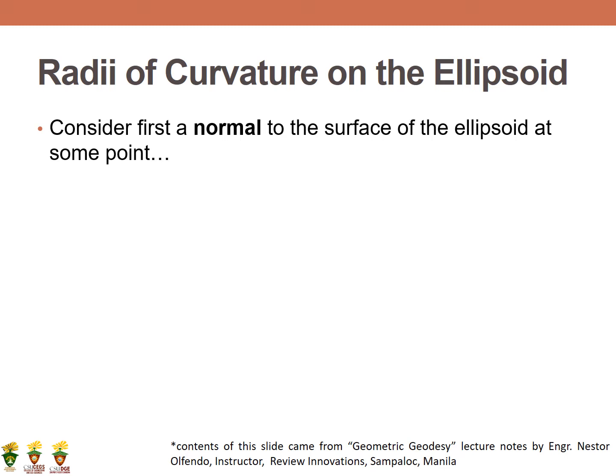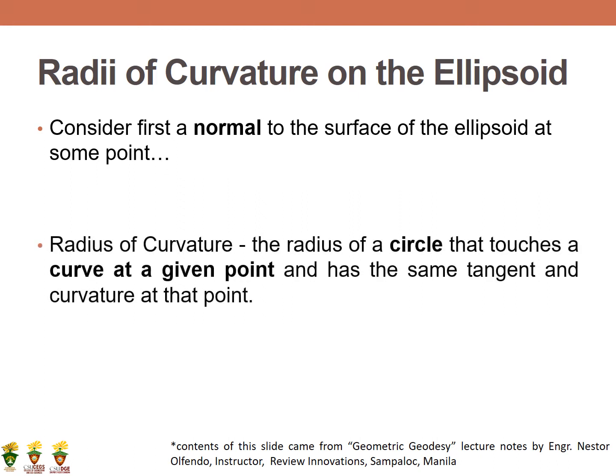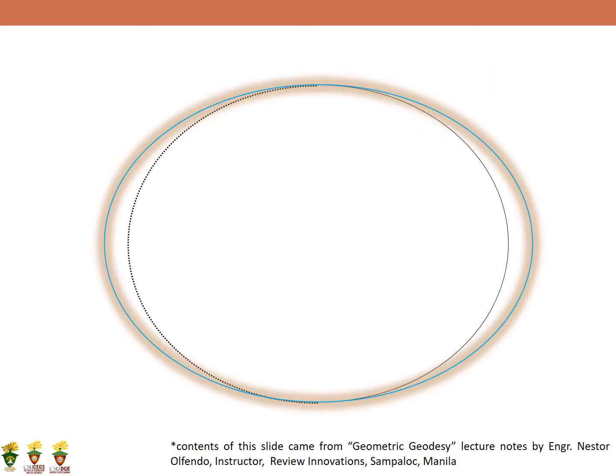When you say normal, that's 90 degrees to the tangent at the point. The radius of curvature is the radius of the circle that touches the curve at a given point, with the same tangent and curvature at that point. It is difficult to explain by definition alone, so we will illustrate it to make it easier to understand.